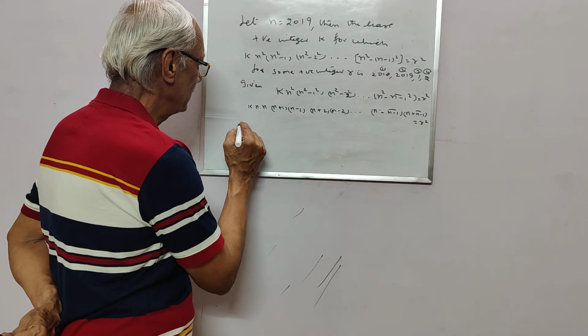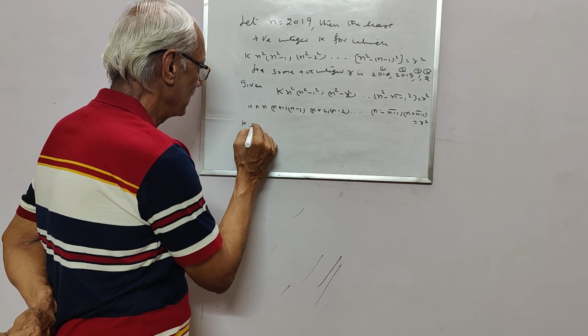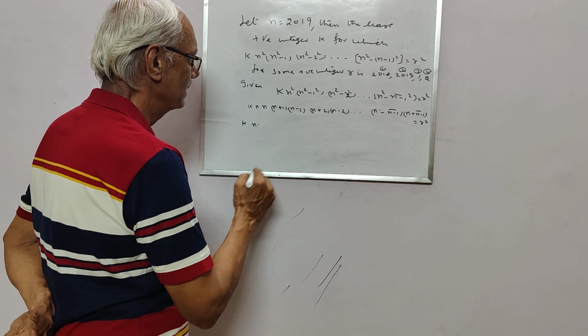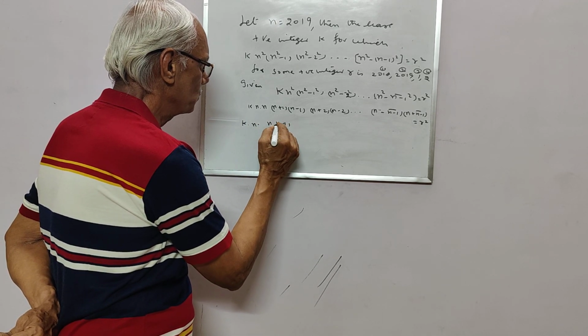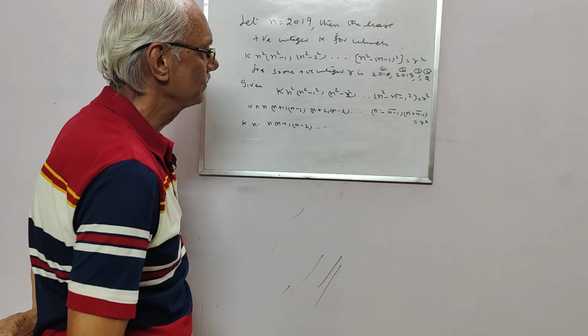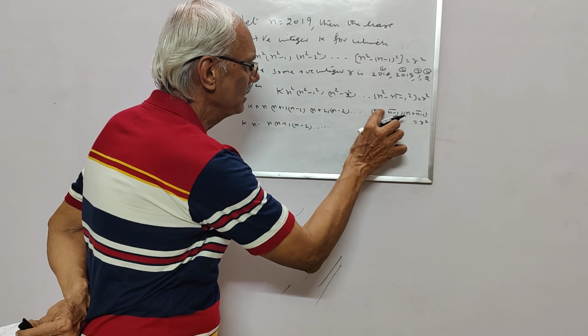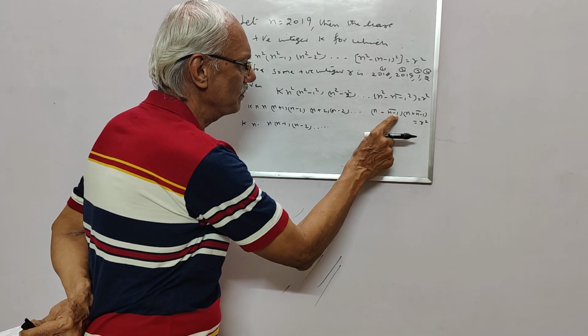Now what I will do here is write it like this: k n, and keep it like this, and n minus 1, n minus 2, dot dot dot. When you come to this place, take this, n minus n plus 1.